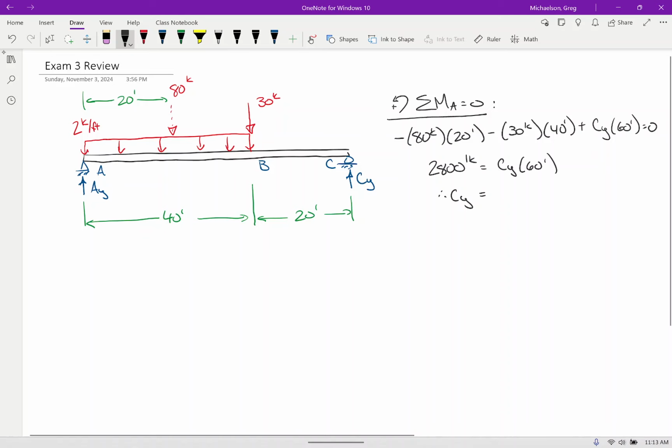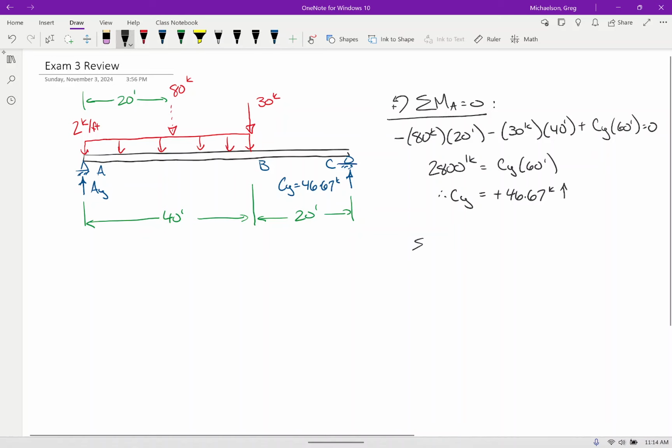Again, I literally just made this problem up off the top of my head. 46.67. Do I have a second on this? Yes. Okay, so we'll say CY is 46.67 kips.